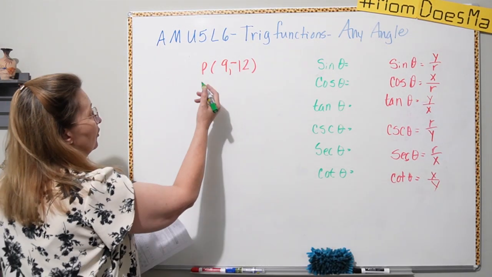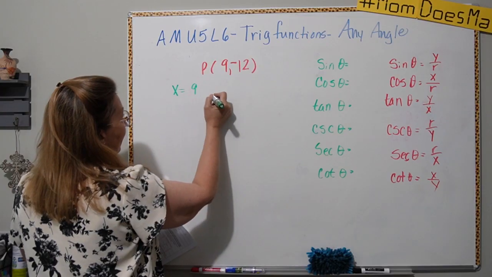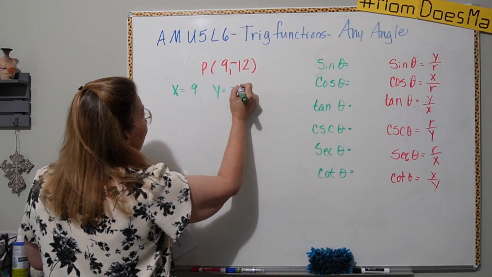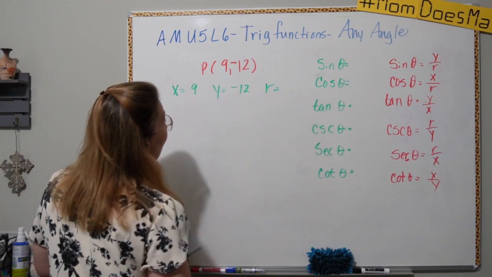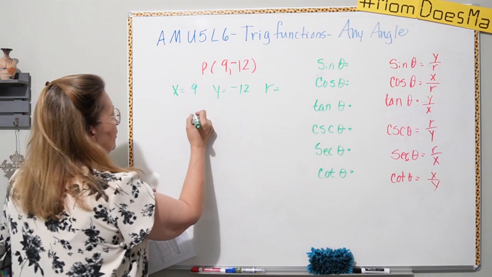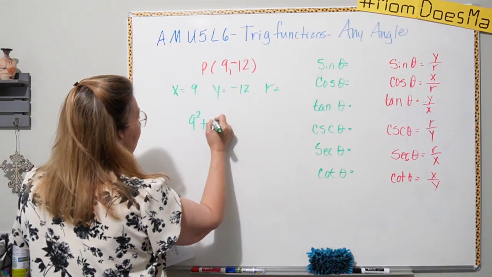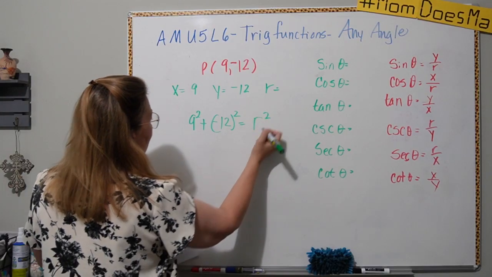Okay, since this is an ordered pair, what do I know? I know that x is equal to 9, and I know that y is equal to negative 12. Now, what's r? Well, I can find r by using the Pythagorean theorem. So I'm going to have 9 squared plus negative 12 squared equals r squared.